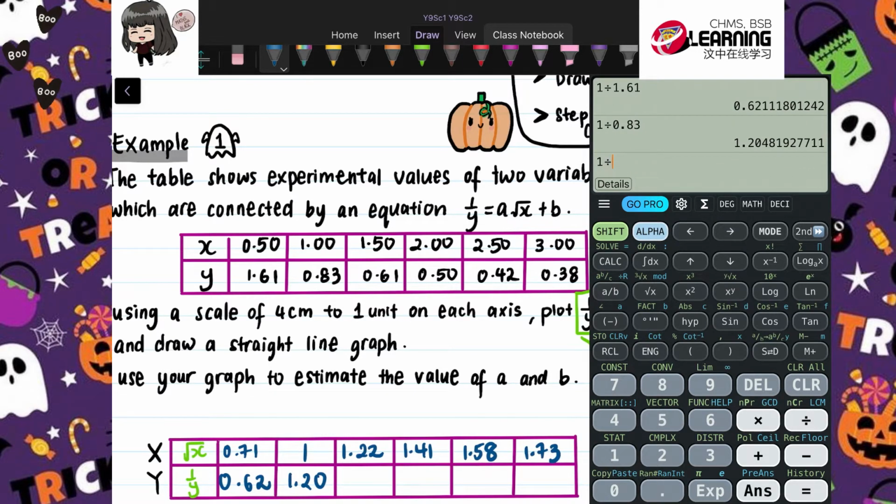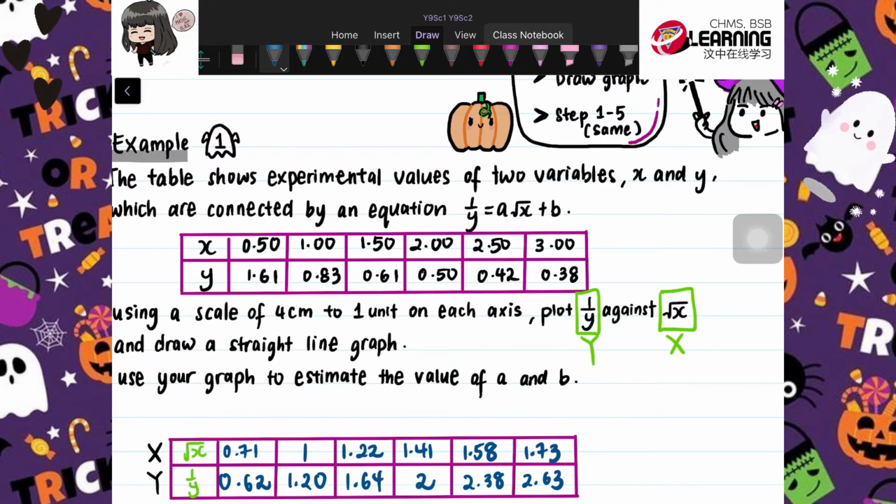And then 1 divided by 0.61 is 1.64. And then 1 over 0.5 is 2. And then this one is 2.38. And then the last one is 2.63. Round off all to 2 decimal places.